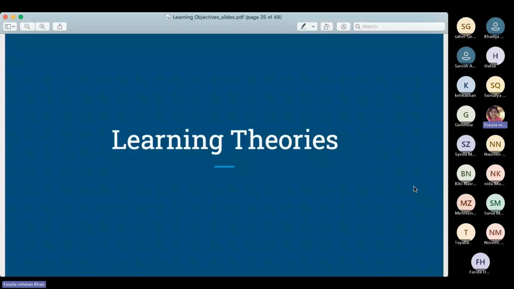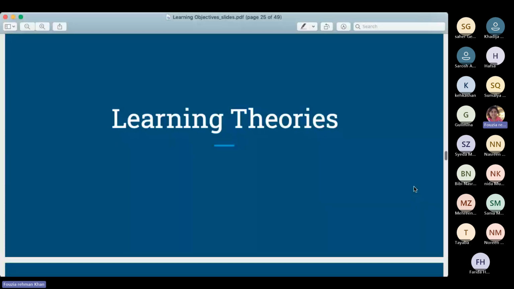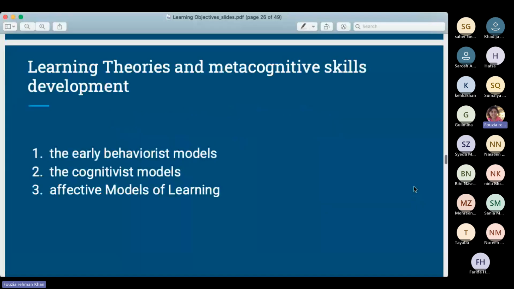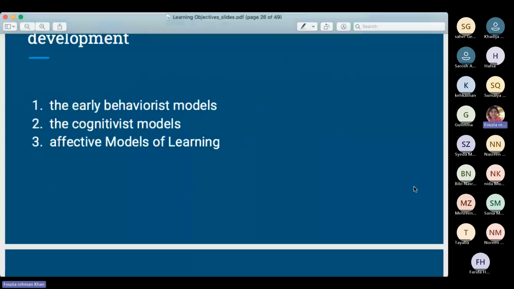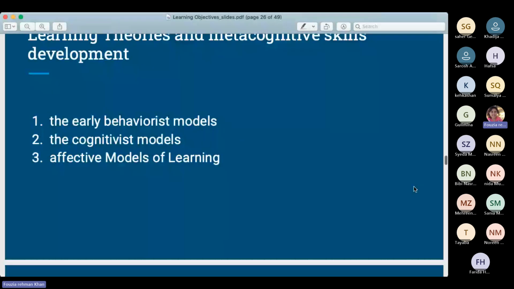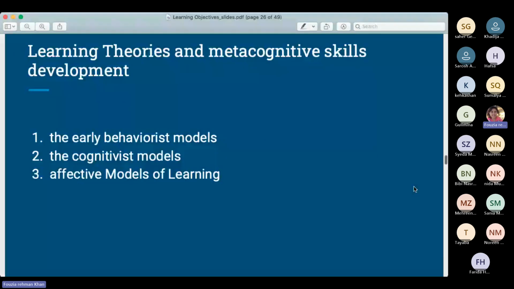may help students. For instance, if we choose a behaviorist approach, the earlier theories are the behaviorist models, and then cognitive, and the latest one is affective, where the emotions and the feelings of the students are taken into consideration during classrooms and teaching, because taking up effective models makes the teaching more effective.